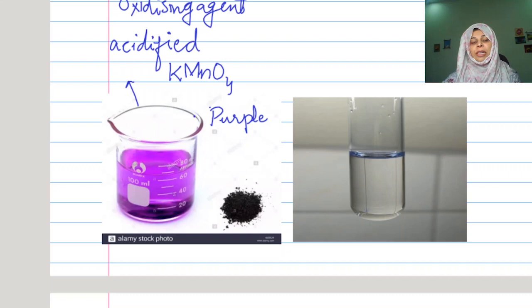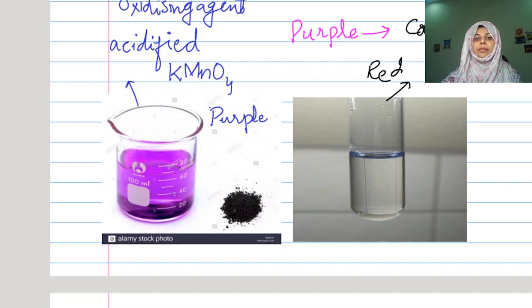But if the color of acidified potassium manganate changes from purple to colorless, then in that case we will say that this salt solution contains the reducing agent. It means this test tube contains the reducing agent.